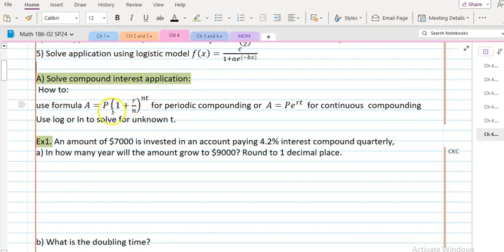That means if I want to have a target amount that I want to save with either formula, how do I find out the time that would allow an initial investment to grow to a certain value? That's the first thing we want to do. The other one is what is the doubling time?